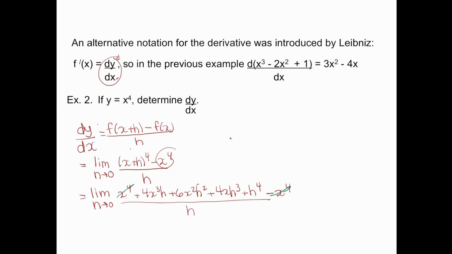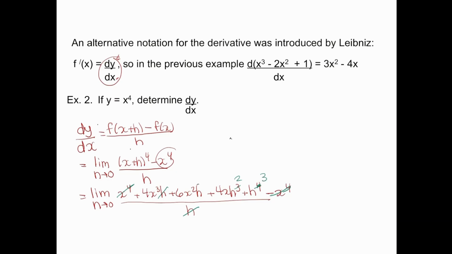And now I'm going to take an h out of every single one of my remaining terms in the top. So I'm going to cross that h out. That gets rid of that. This becomes h, just h. This becomes h squared. And this becomes h to the power of 3.